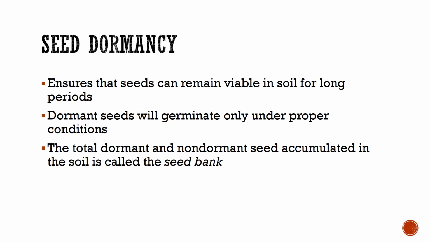And so we do have two different types of dormancy. We have dormant and non-dormant seeds that will accumulate, and that is what we call a seed bank. So those seed banks will help provide a reservoir for that seed to be able to grow and then populate throughout that field or ecosystem, agroecosystem, what have you.